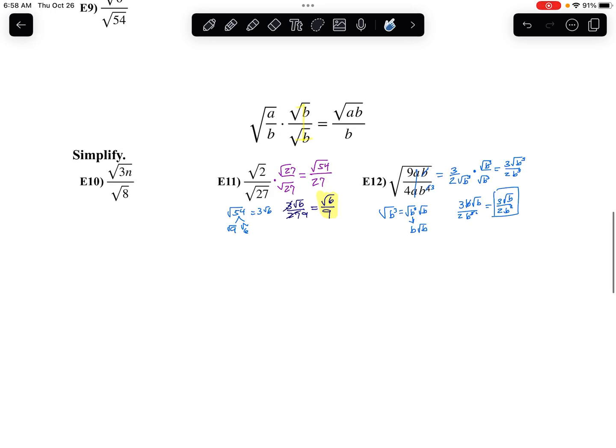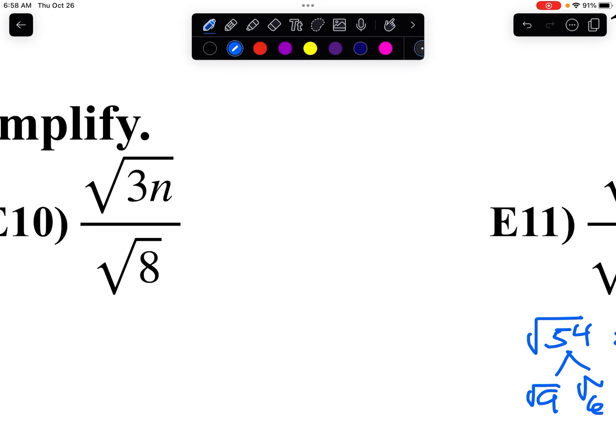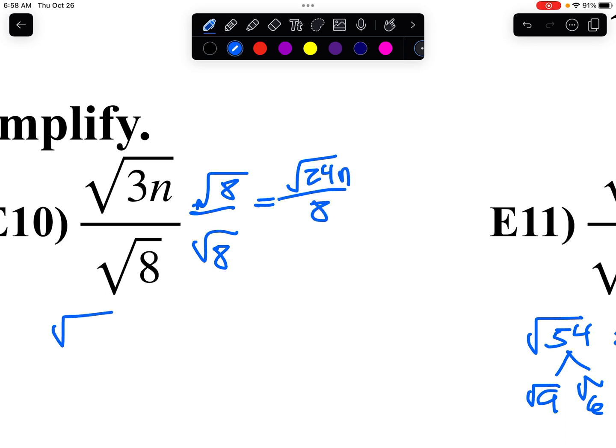Oh, I forgot to do the first one. Well, let's do it now. So we're going to multiply by the square root of 8 to numerator and denominator. So I get the square root of 24n all over 8. So the square root of 24 is the square root of 4 times the square root of 6. So that's 2 square roots of 6.